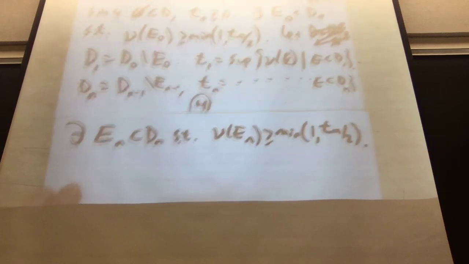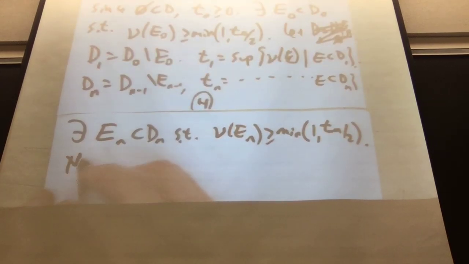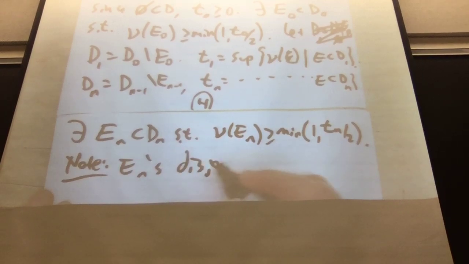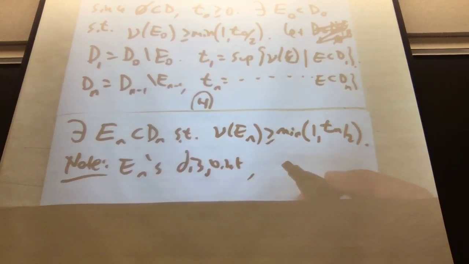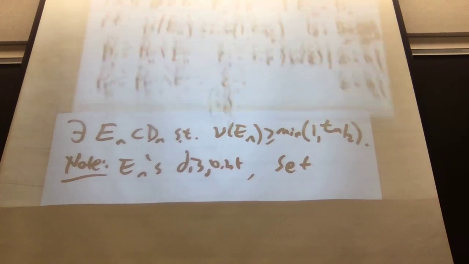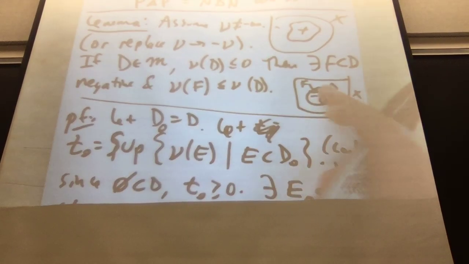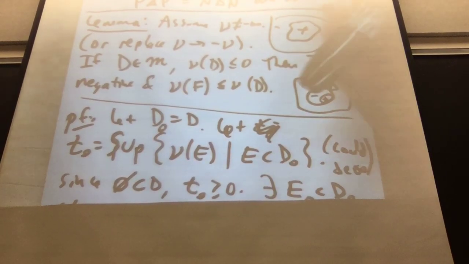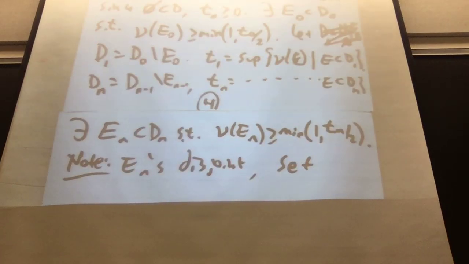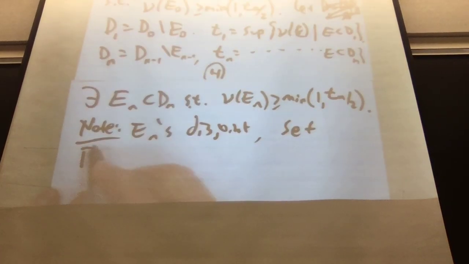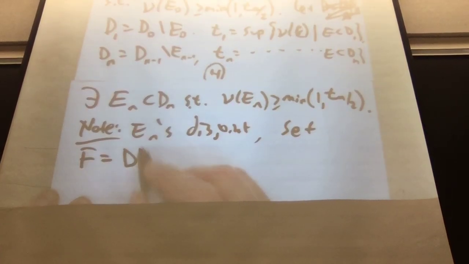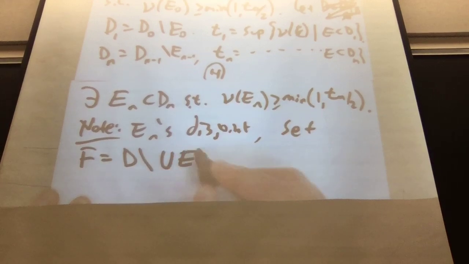So the En's are disjoint. And now let's set, what did I want to call this thing? F. F is my totally negative set. Set F to be D take away the disjoint union of all of the En's.